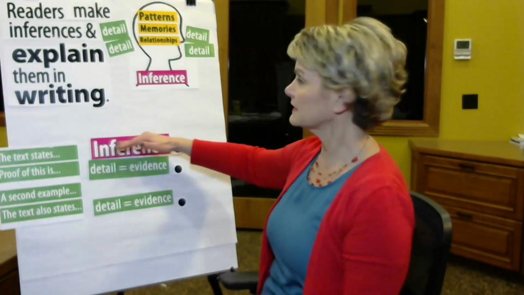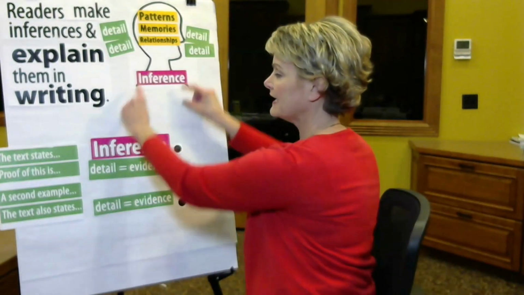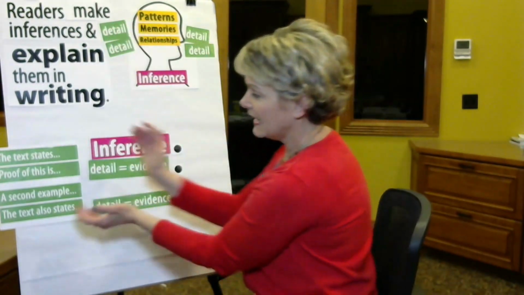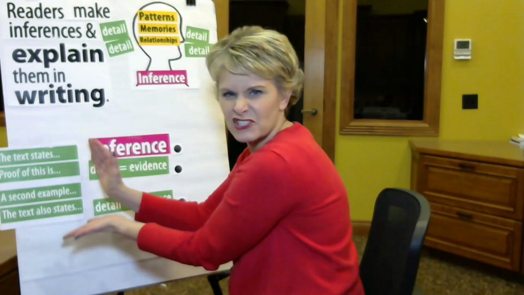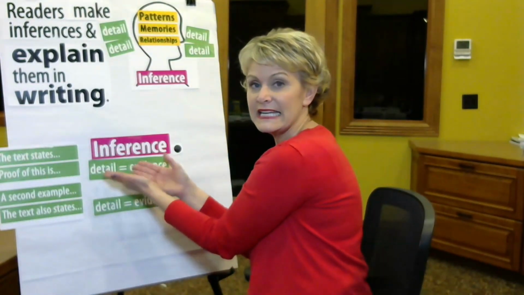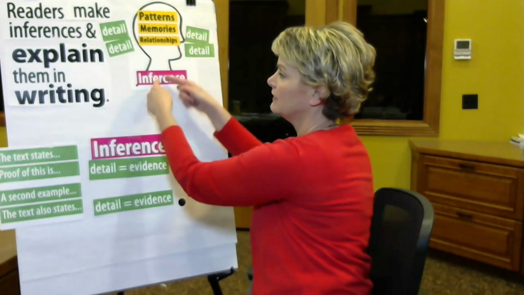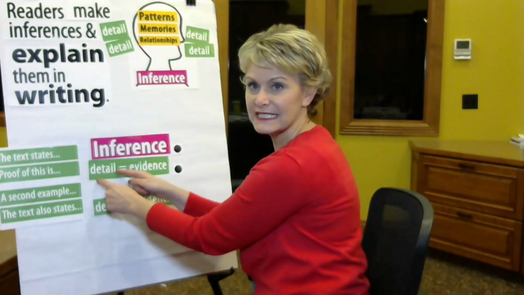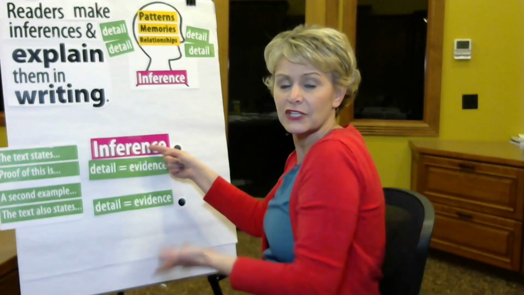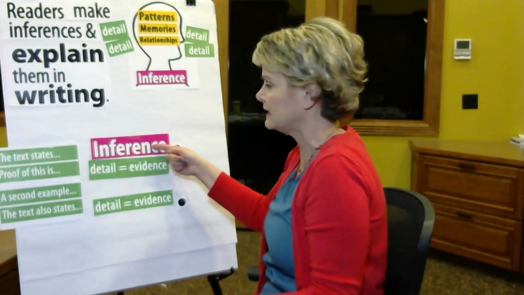We also previously learned that when you write that inference, it should then be followed with textual evidence. And we use some of these sentence starters or something like it to reveal details that were helpful in making the inference. And those details are then called evidence because they back up your conclusion, your claim, your opinion.